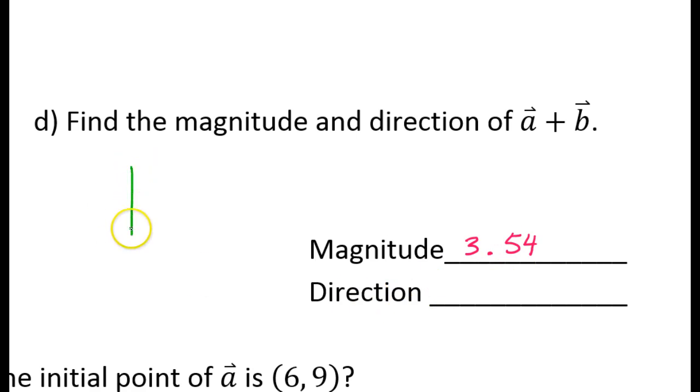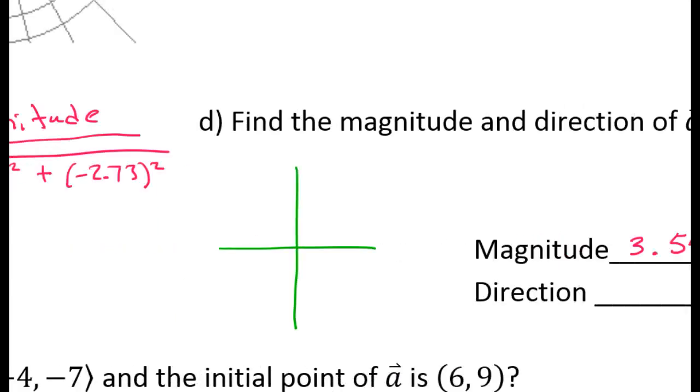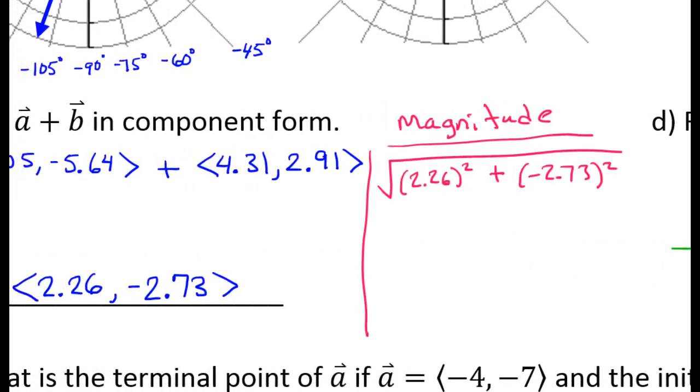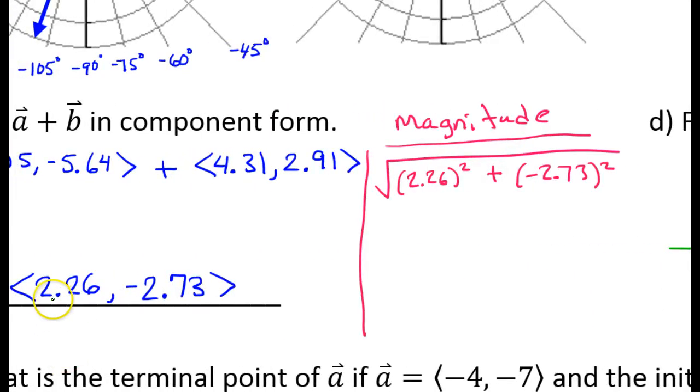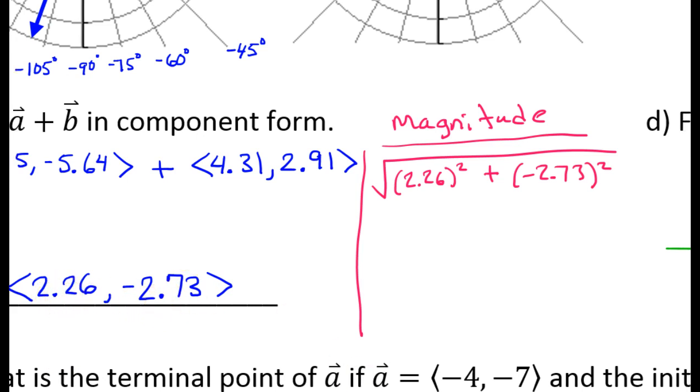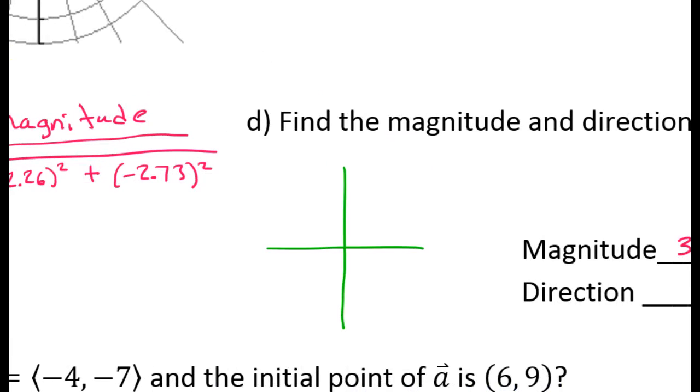Now for the direction. For the direction, I like to start by drawing a diagram. So this is right 2.26 and down 2.73. It's right and down. So that means this vector is going to be in the fourth quadrant. All right, so let's make a little triangle out of this.